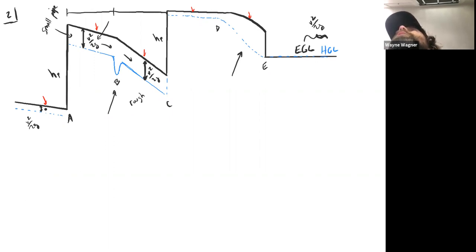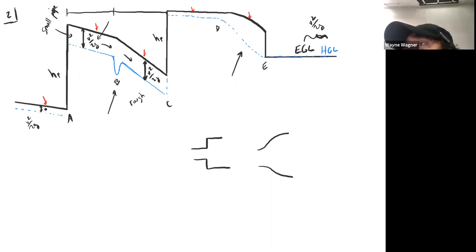And by gradual and abrupt, by the way, what they mean is if we were talking about an expansion, we'd be talking about something that looked like this, so this would be an abrupt expansion. A gradual expansion would just be something that kind of did that. Okay, and then for contraction, it would be the opposite. It would look like that would be abrupt, and this would be gradual.